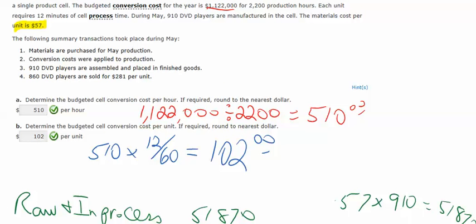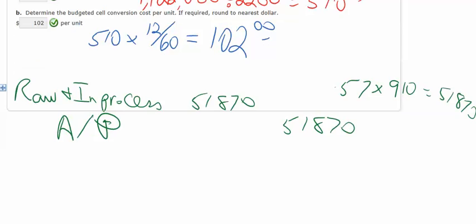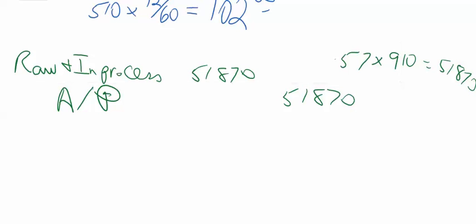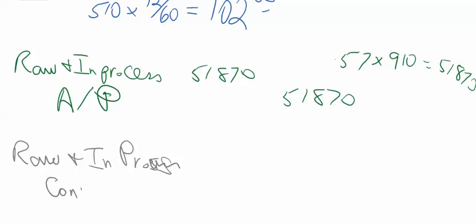The next journal entry, it says conversion costs were applied to the production. So we have 910 units. We have my conversion costs. I'm going to be debiting my raw and in process. Spelled it wrong. I'm going to be crediting my conversion cost account.